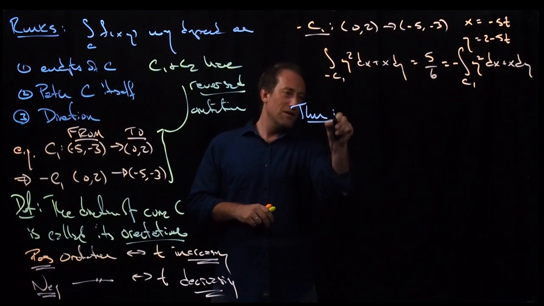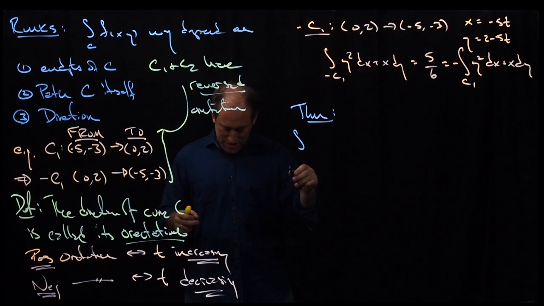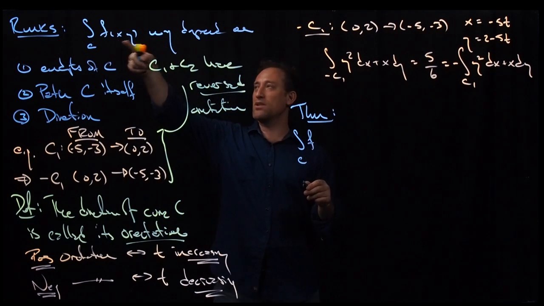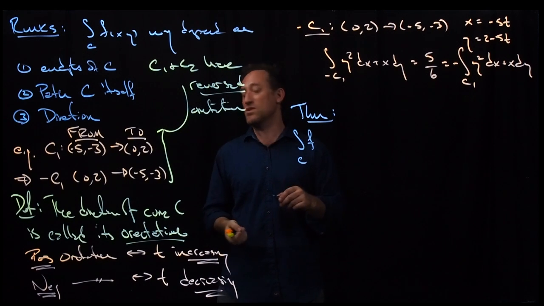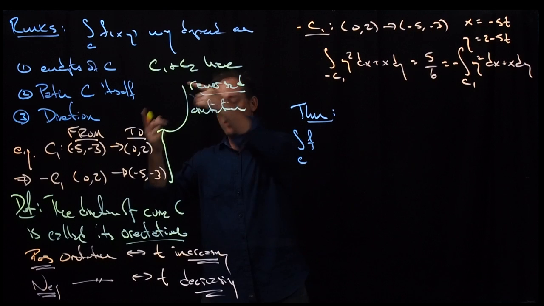So, a nice theorem. The integral along a curve C, and here's why I left f of x, y deliberately without a ds, dx, or dy, because the result depends on which you have.